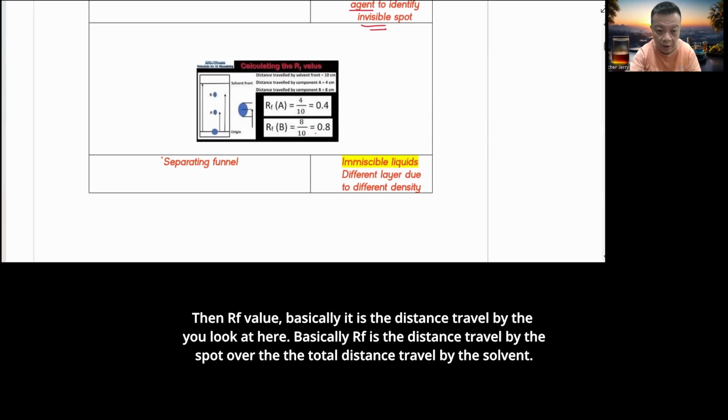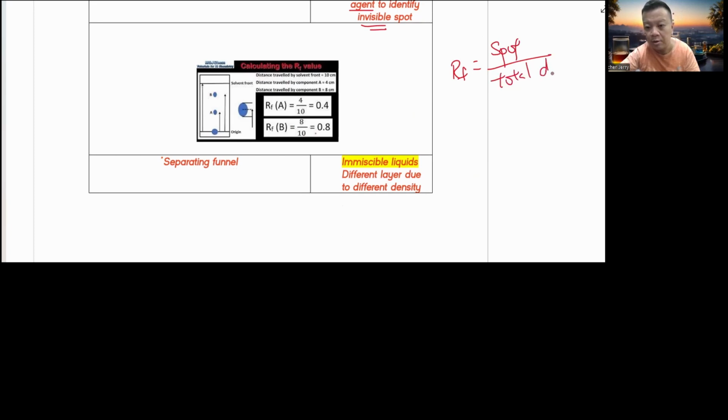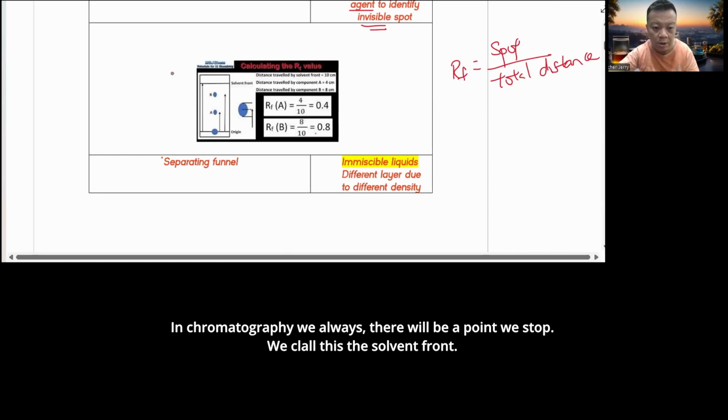Then the RF value: basically, RF is the distance traveled by the spots over the total distance traveled by the solvent. In chromatography, there will be a point where we stop. We call this the solvent front.